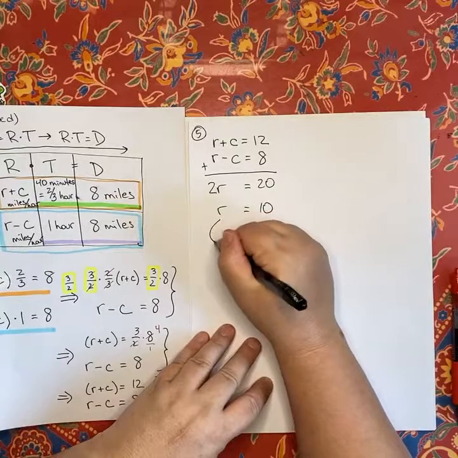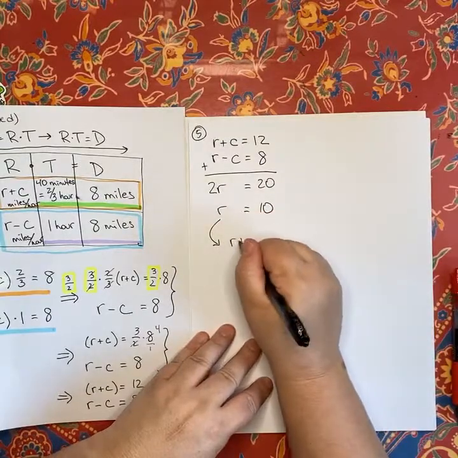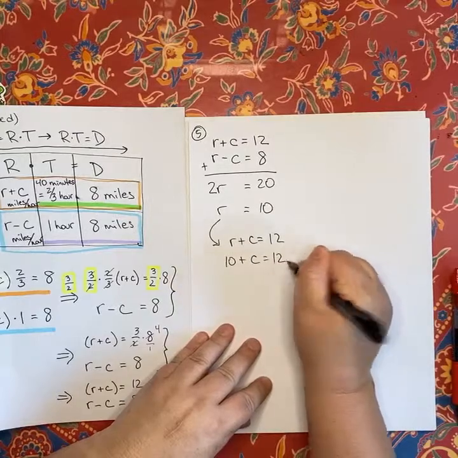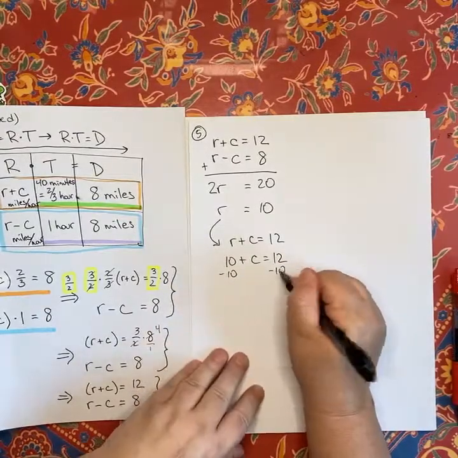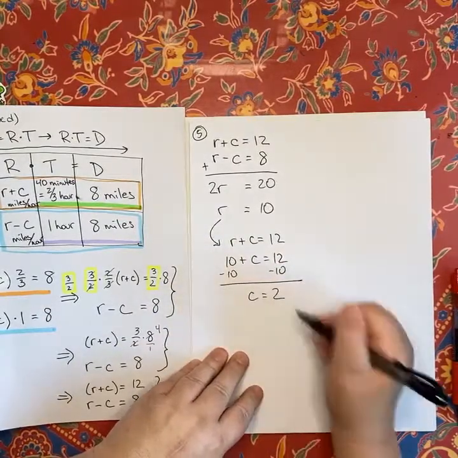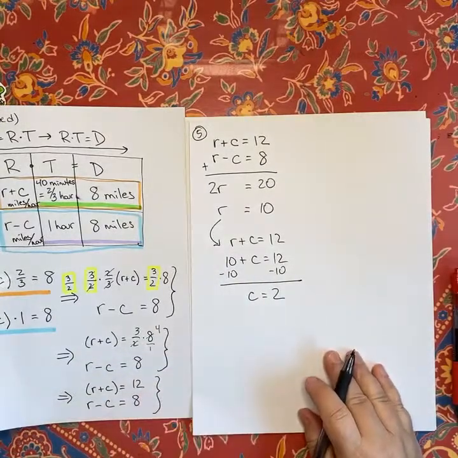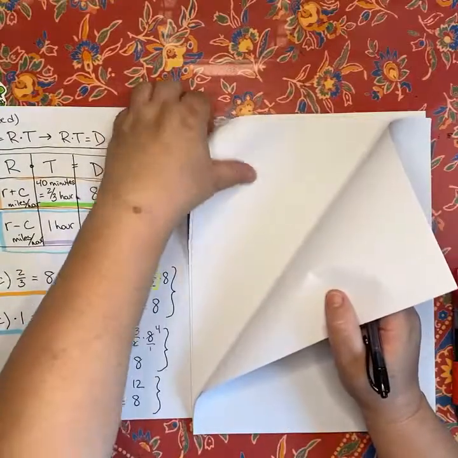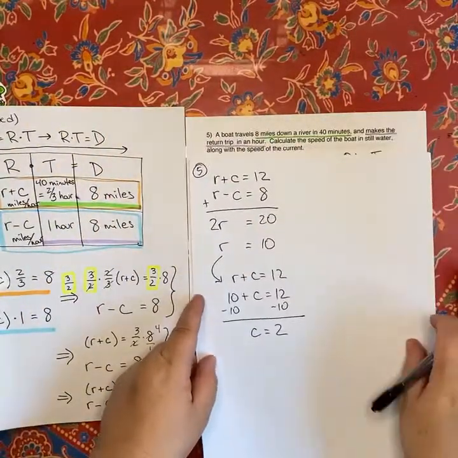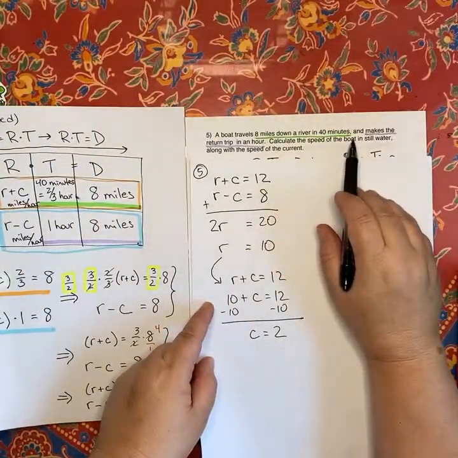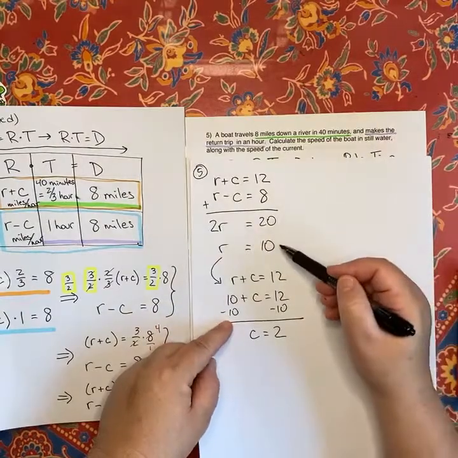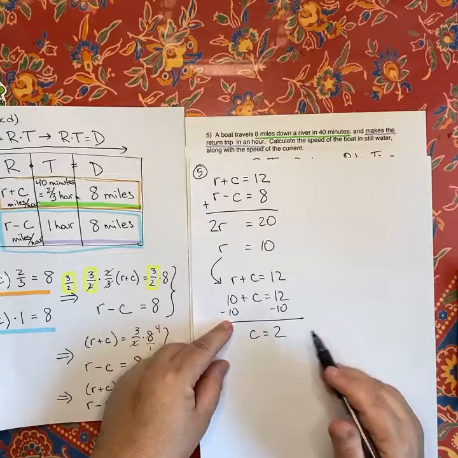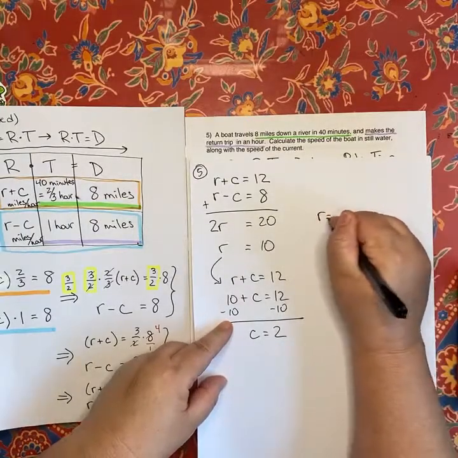Okay, and then what does C equal? R plus C is 12. 10 plus C equals 12. C equals 2. So let's look at the original problem. Was that what we were actually looking for? Was it that simple? Calculate the speed of the boat in still water, that's R, along with the speed of the current, that's C. So R was 10.